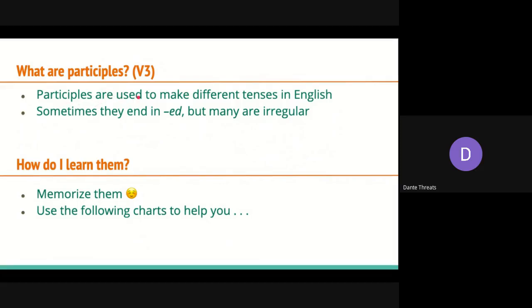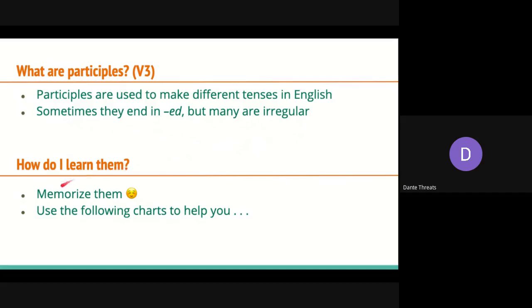Participles are used to make different tenses in English. Sometimes they end in ed, but many are irregular. You all know what irregular verbs are. Some might end with ed, some might not end with ed at all. So how do I learn them?